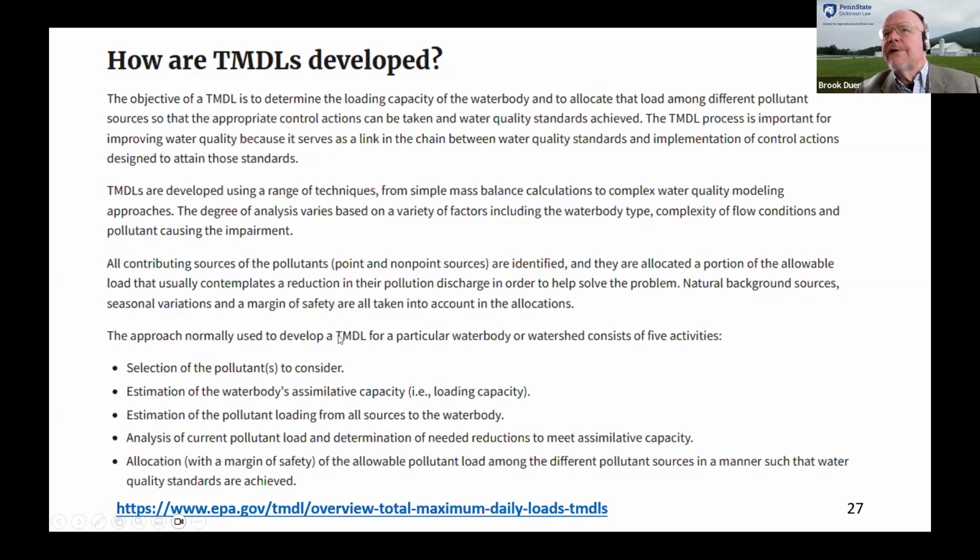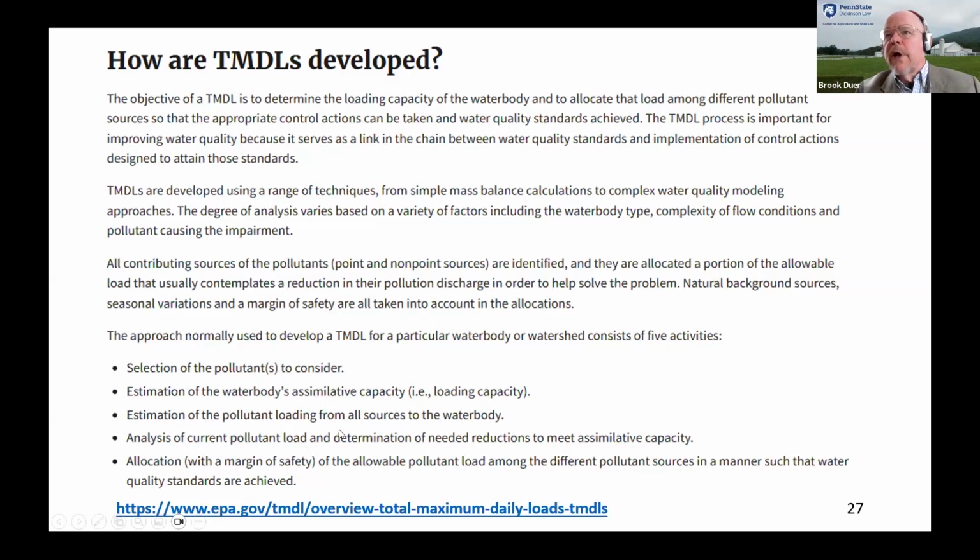The approach normally used to develop a TMDL for a particular waterway consists of 5 activities: selection of the pollutant to consider, estimation of the water body's assimilative capacity, meaning how much of this can this water body handle, the loading capacity, it says here, estimate of the pollutant loading from all sources to the water body. In other words, how much are they over their loading capacity?